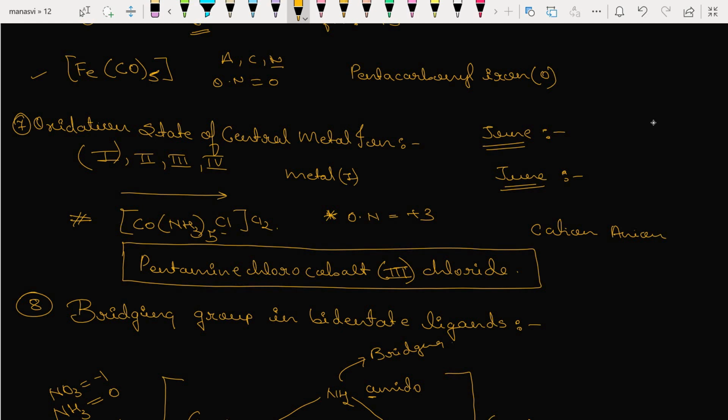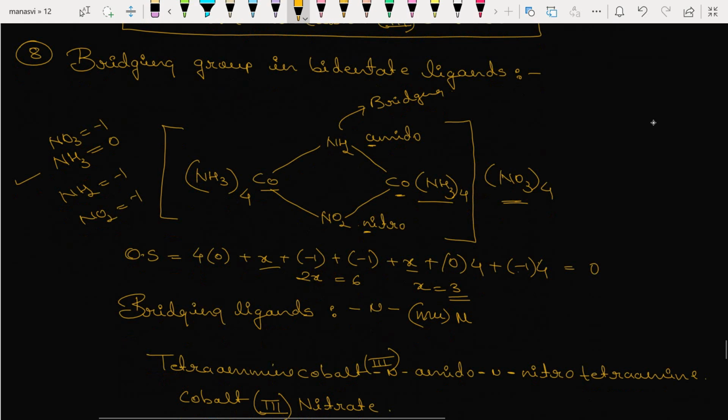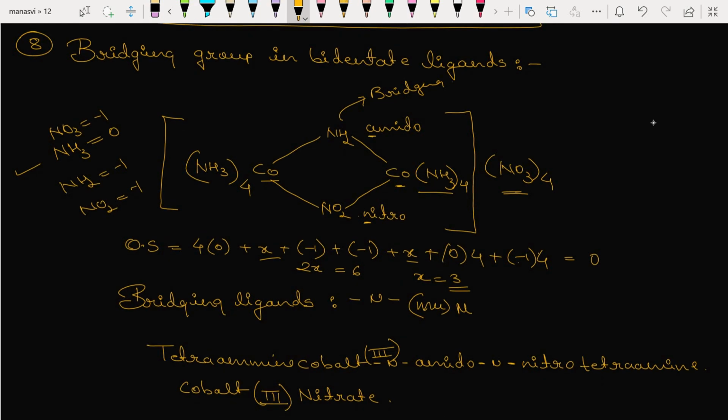Now the eighth point: the bridging group in a bidentate ligand. Now how do we name the bridging groups? For example, one such compound is given. NH2 and NO2 are called bridging ligands. The name given for NH2 is amido and for NO2 is nitro.